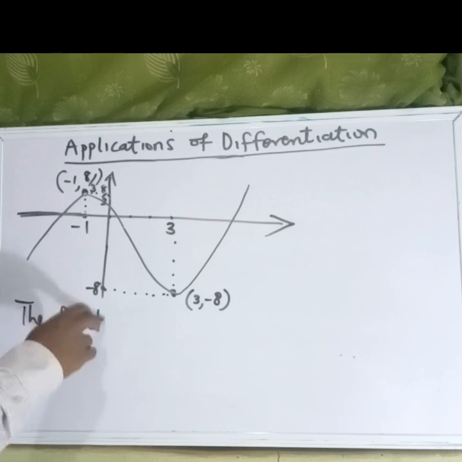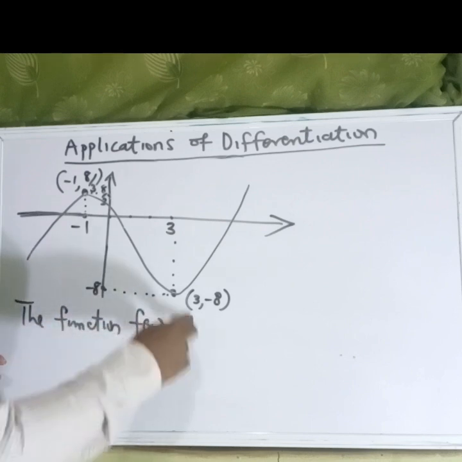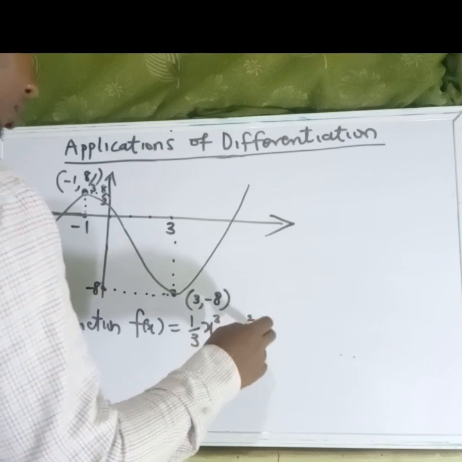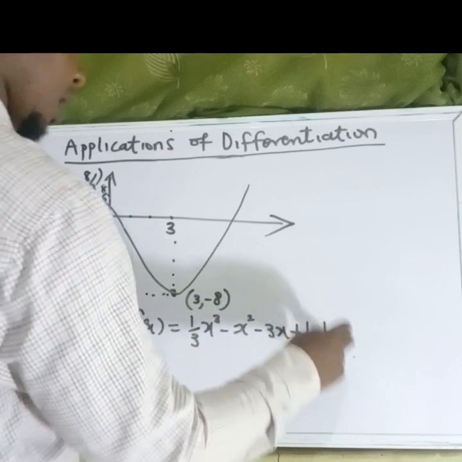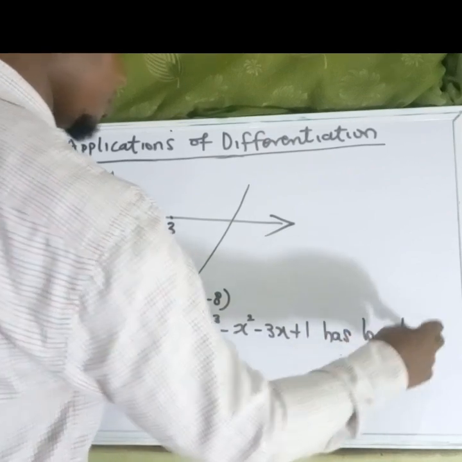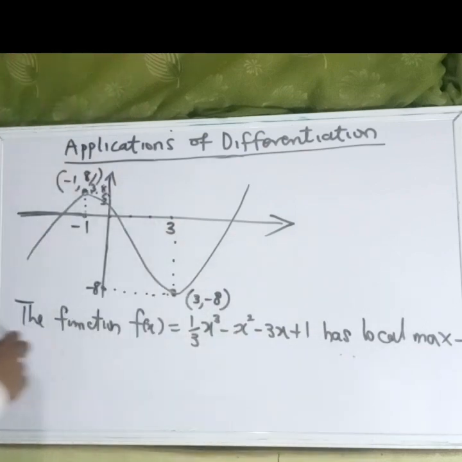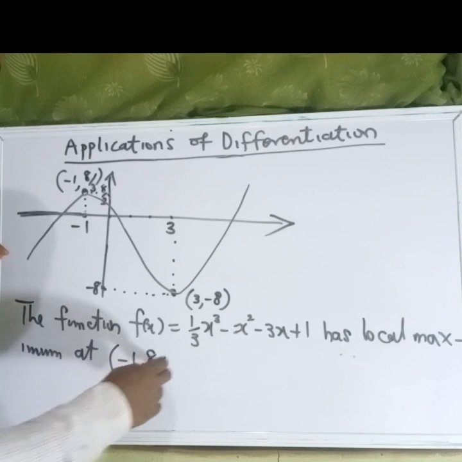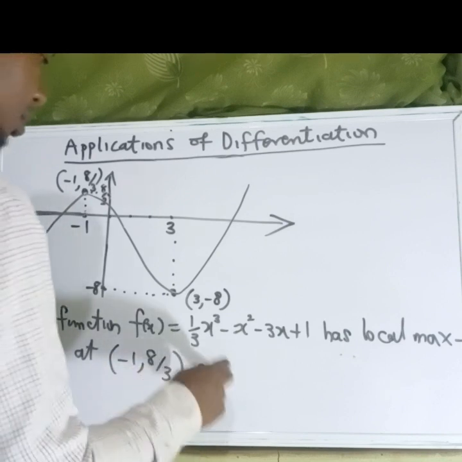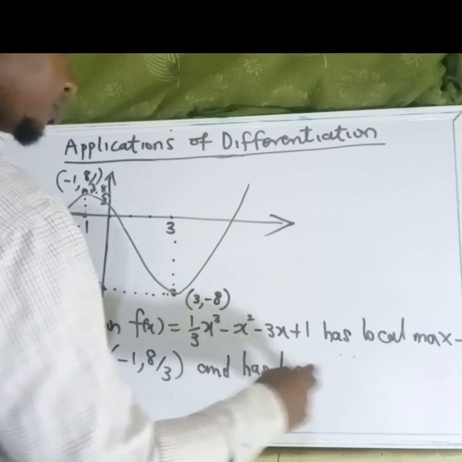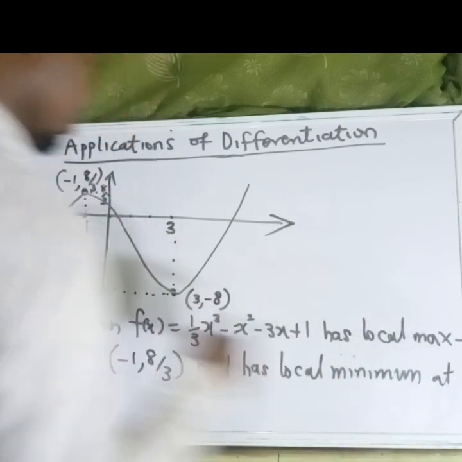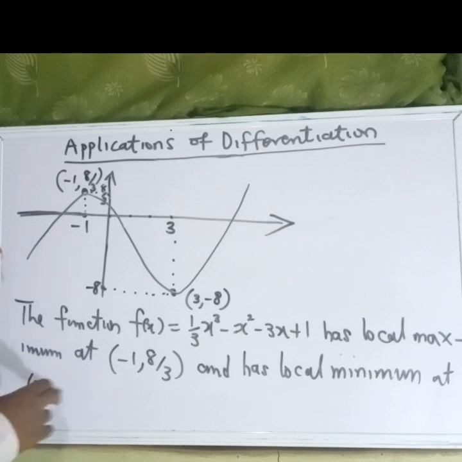The function f of x equal to 1 over 3 x cubed minus x squared minus 3x plus 1 has a local maximum at this coordinate, -1 comma 8 over 3, and a local minimum at 3 comma -8.